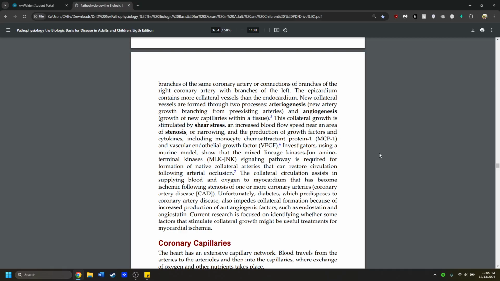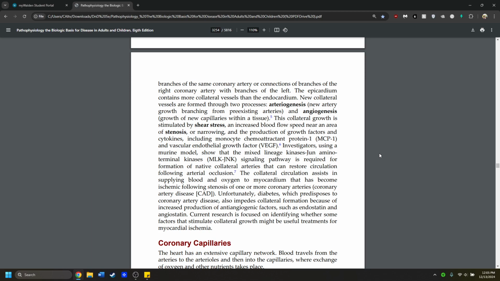The collateral circulation assists in supplying blood and oxygen to the myocardium that has become ischemic following stenosis of one or more coronary arteries, or coronary artery disease, known as CAD.